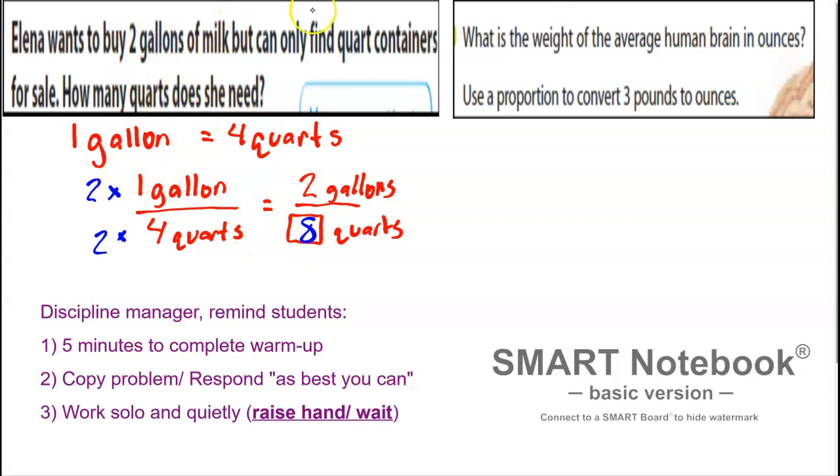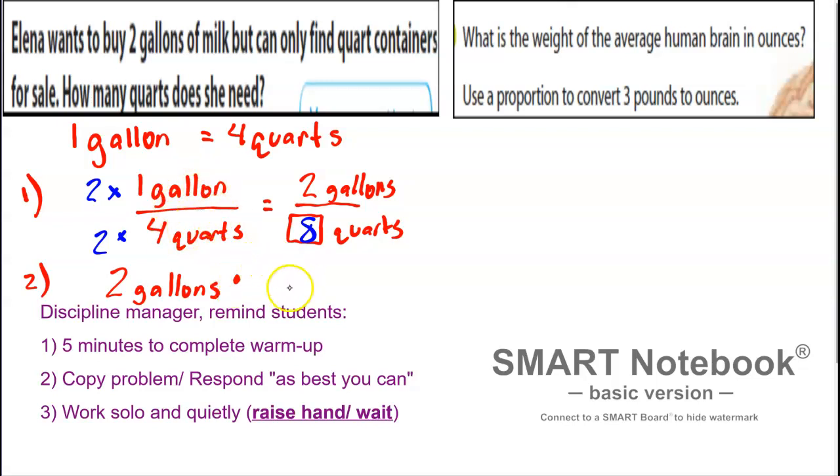That right there is method 1, using proportions. And we can go to method 2. This one is related to the vocabulary, the conversion factor. We can take 2 gallons, and I can multiply by the conversion factor.